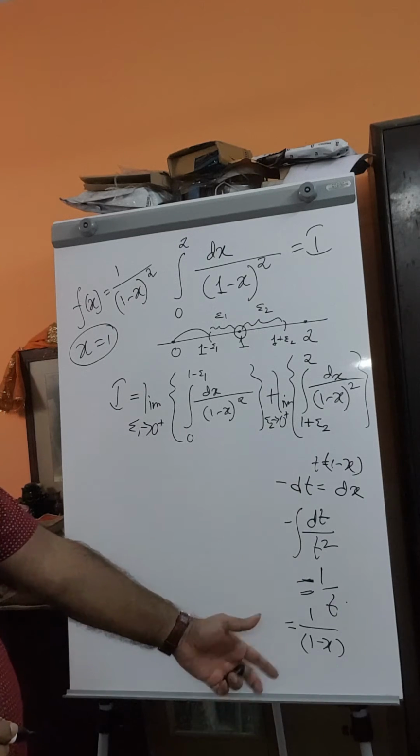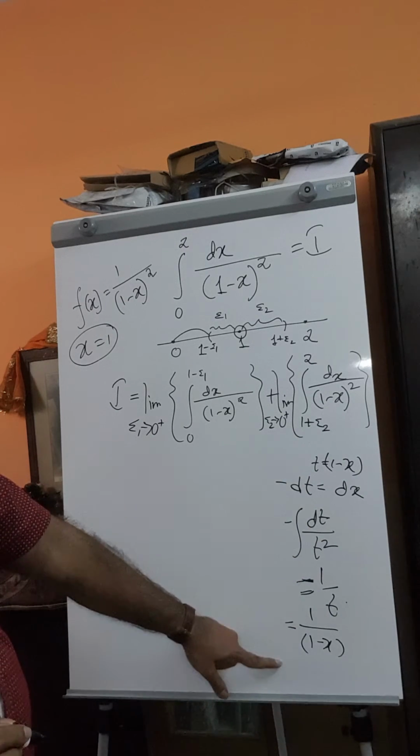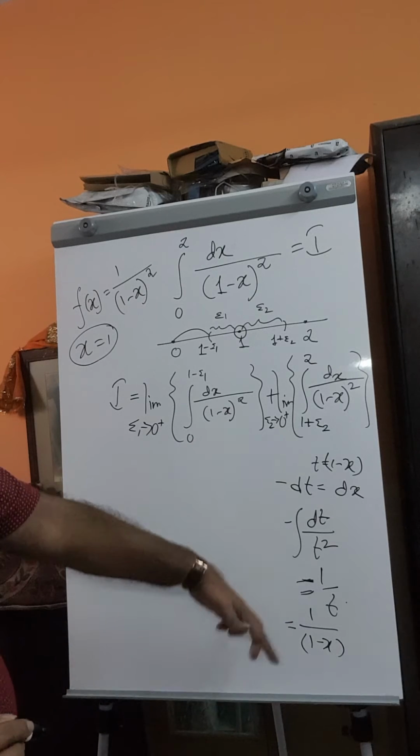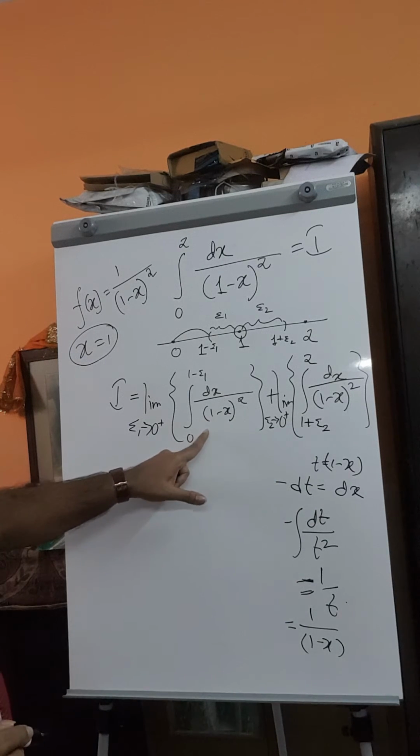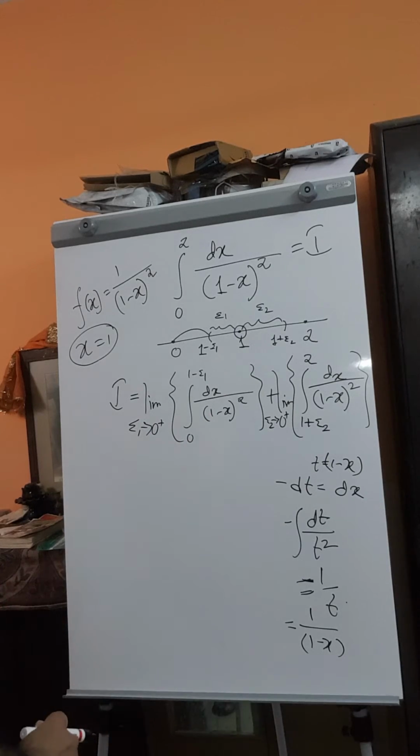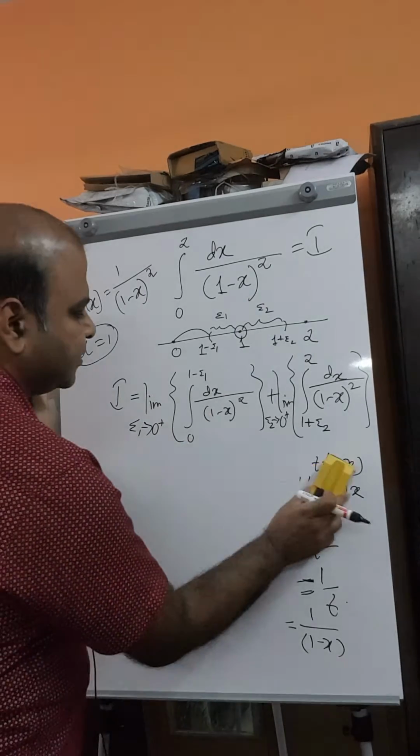I think you all must be accustomed to these types of integrations, a very simple substitution type. I am directly writing the answer here because of shortage of space. So, this is 1 upon 1 minus x in both the cases.